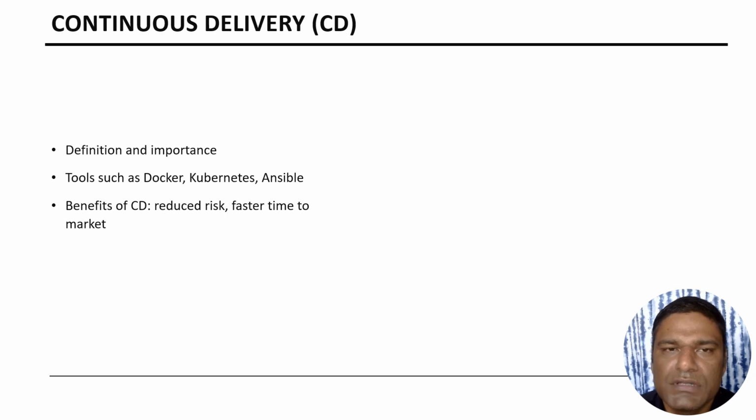With continuous delivery, every code change that passes the CI test is automatically deployed to a production-like environment, for example, staging environment. There are different tools available like Docker, Kubernetes, and Ansible. They enable the automation of infrastructure provisioning and getting the artifact deployed to the desired environment.